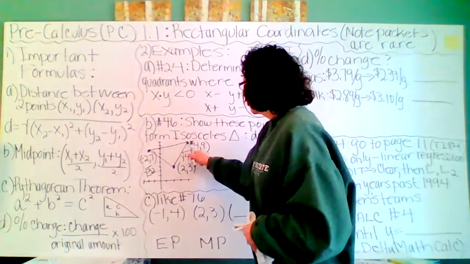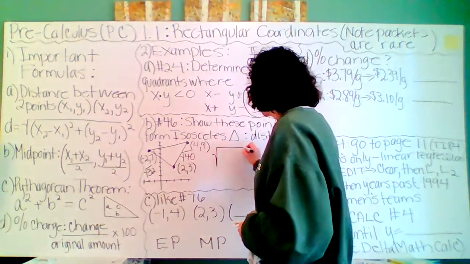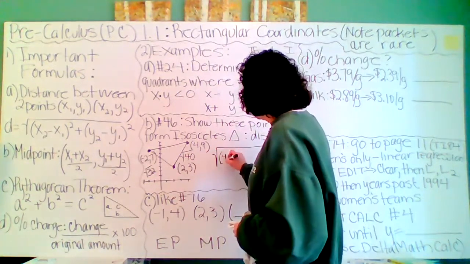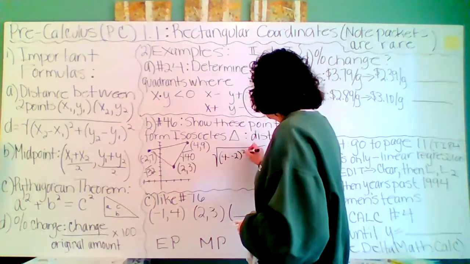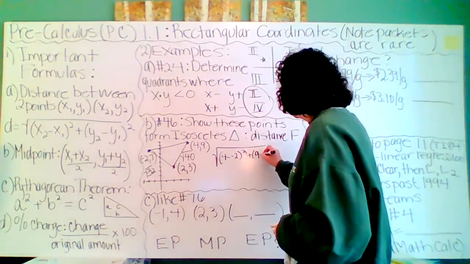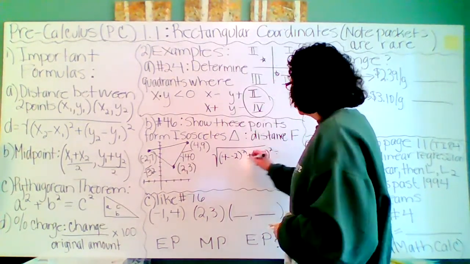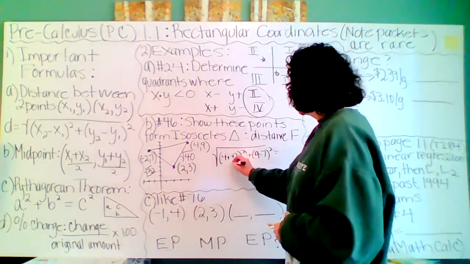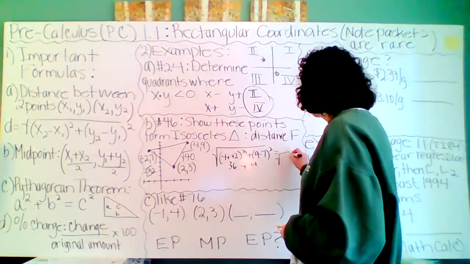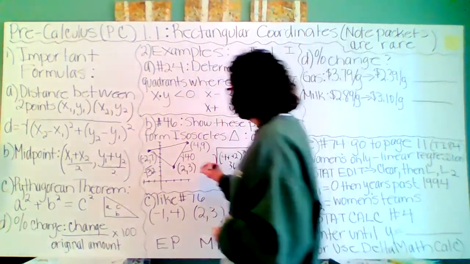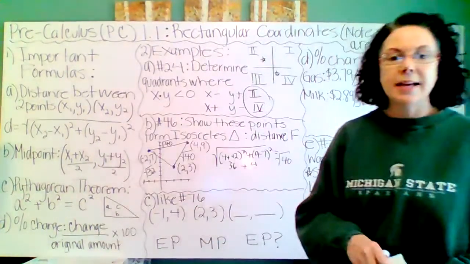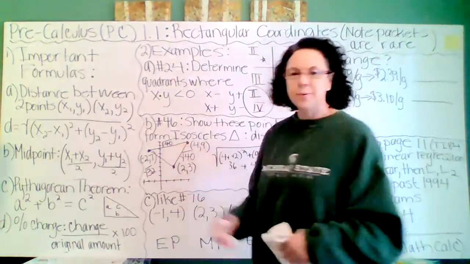Let's check the distance between the 2 points on top. 4 minus a negative 2 squared plus 9 minus 7 squared. Let's see, this is going to be 6 squared is 36 plus 4, square root of 40. There we go. We did in fact show that we have an isosceles triangle because these 2 sides are equal to each other.